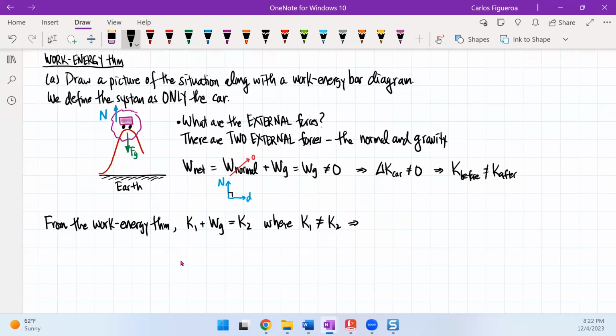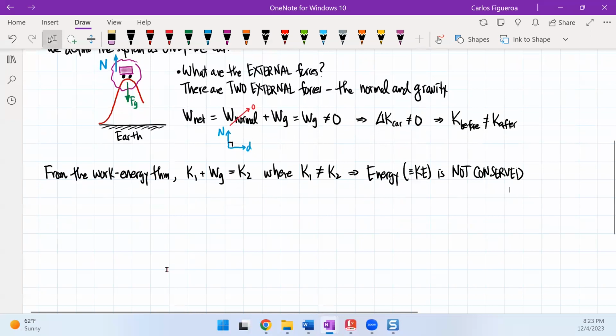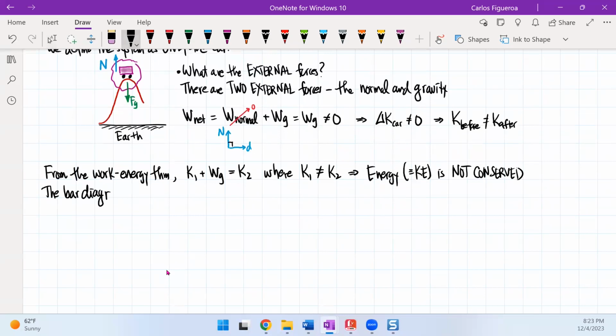And that tells us that energy, in this case kinetic energy, is not conserved. So the work energy theorem must be used. So now let's apply this to our situation. The bar diagram must look as follows here.